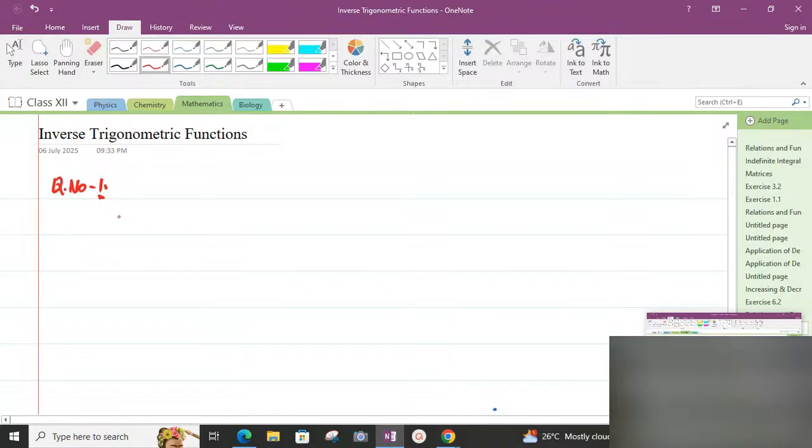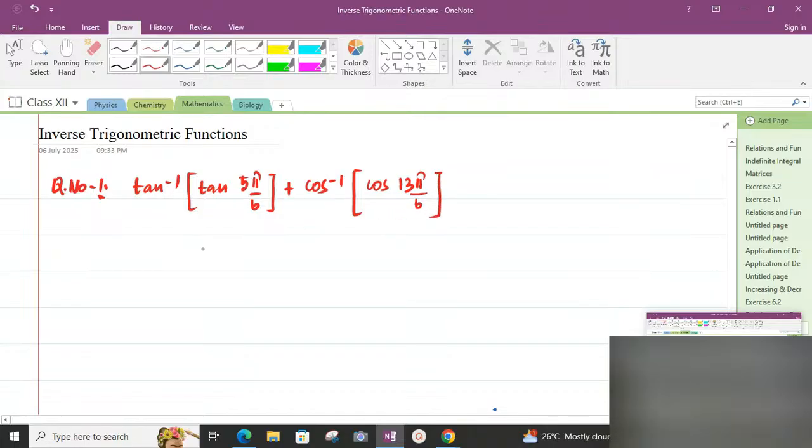Tan inverse tan 5 pi by 6 plus cos inverse cos 13 pi by 6.